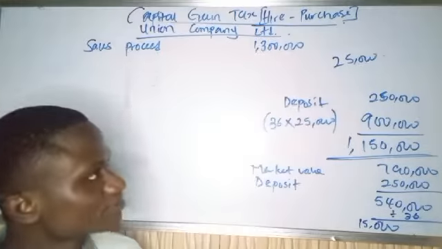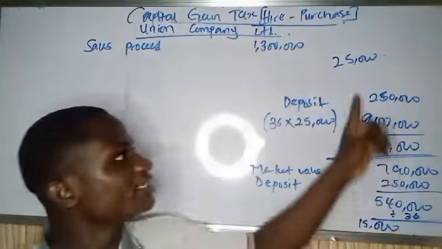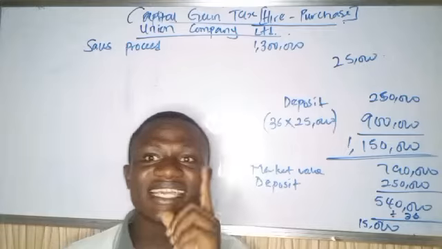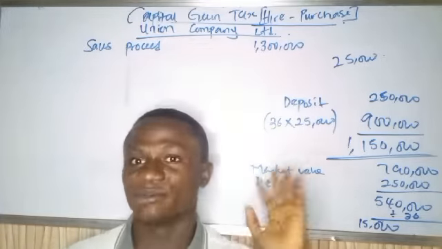But they said he should be paying 25,000 naira monthly. So the question is, what is the interest they added? They added 10,000 every month.